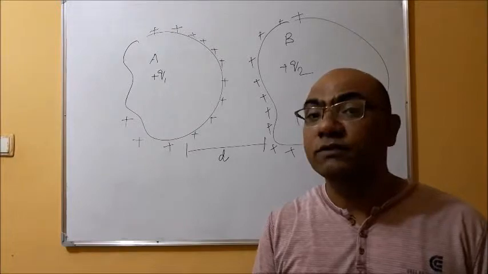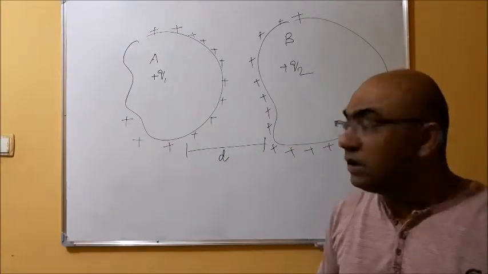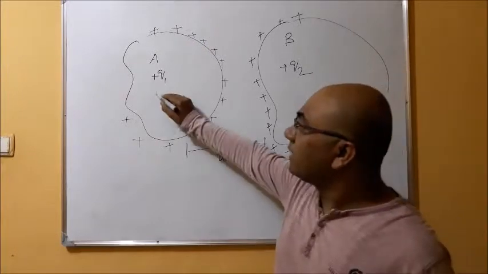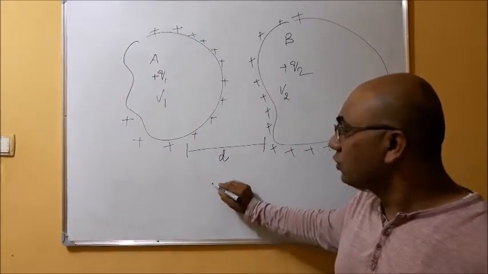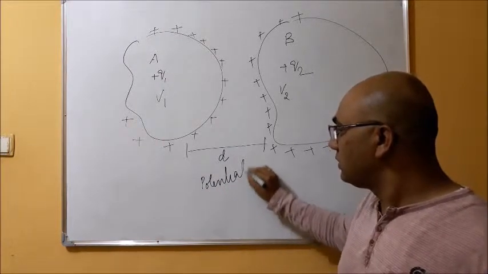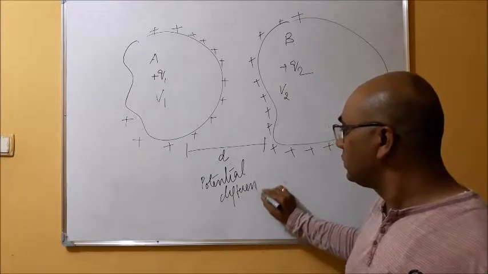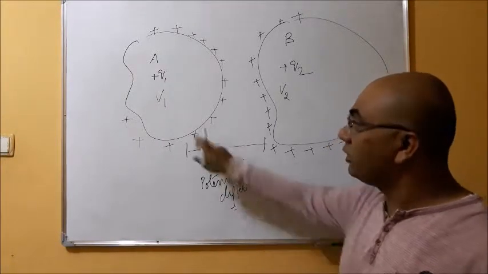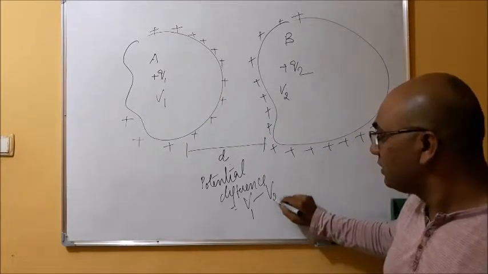We have to do some work so that it will remain in this position, right? And if I am saying the voltage at this is V1 and the voltage at this is V2, so the potential difference between the body A and body B will be V1 minus V2.